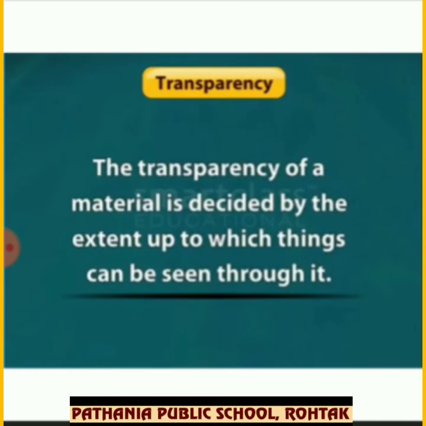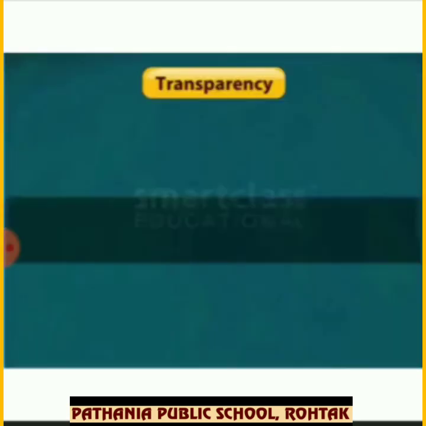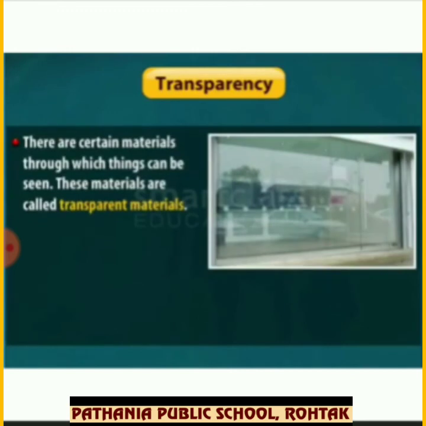The transparency of a material is decided by the extent up to which things can be seen through. For example, if we can see clearly through a glass window, so glass is a transparent material. Similarly, air, water, some plastics like polythene, groundnut oil, all these are transparent materials. We can see clearly through the transparent material.